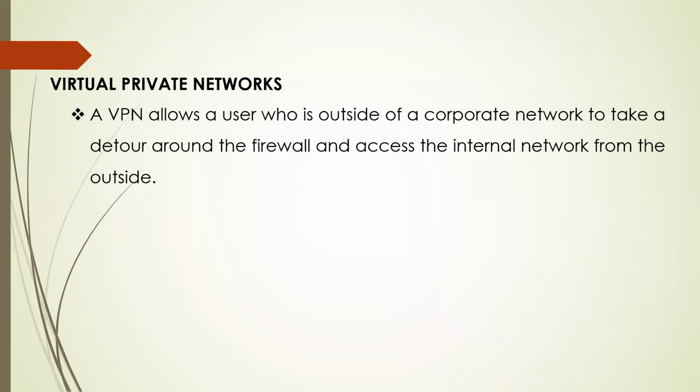But what if an employee working from home requires access to some of these resources? What if a consultant is hired who needs to do work on the corporate network from a remote location? So in these cases, a virtual private network or VPN is called for.